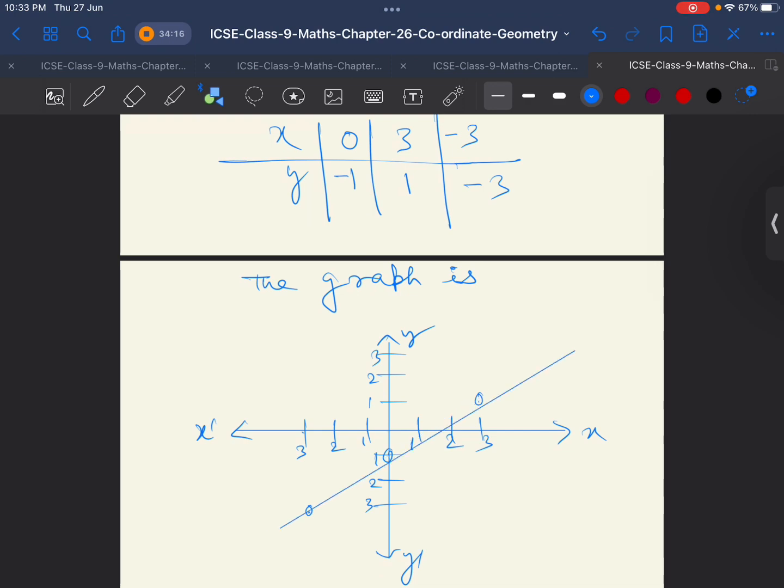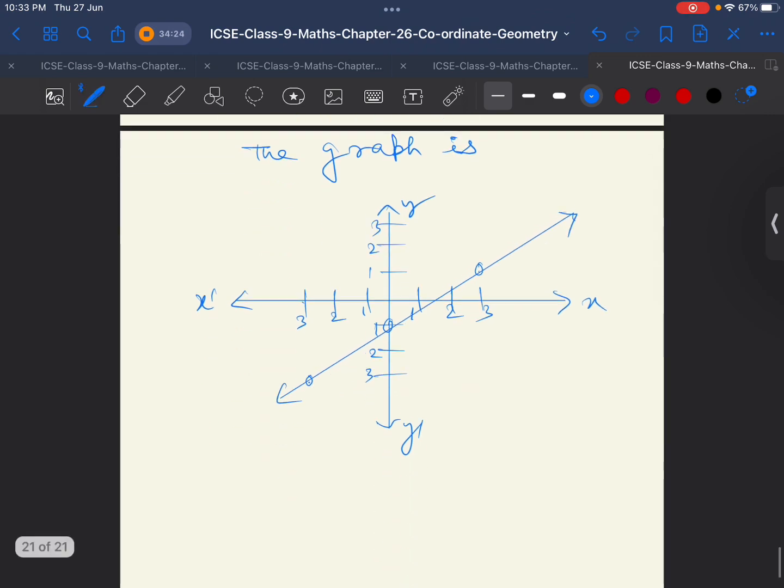So now we draw the straight line. So this is the straight line.